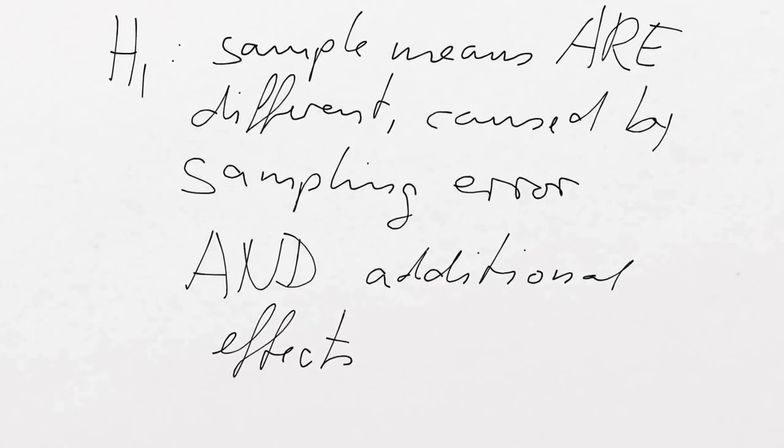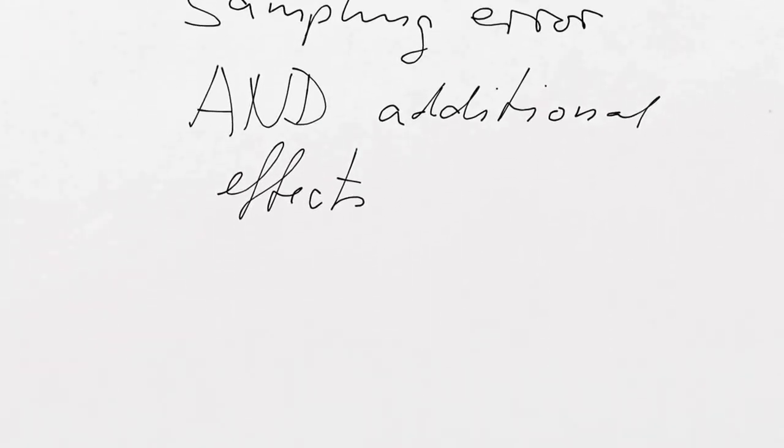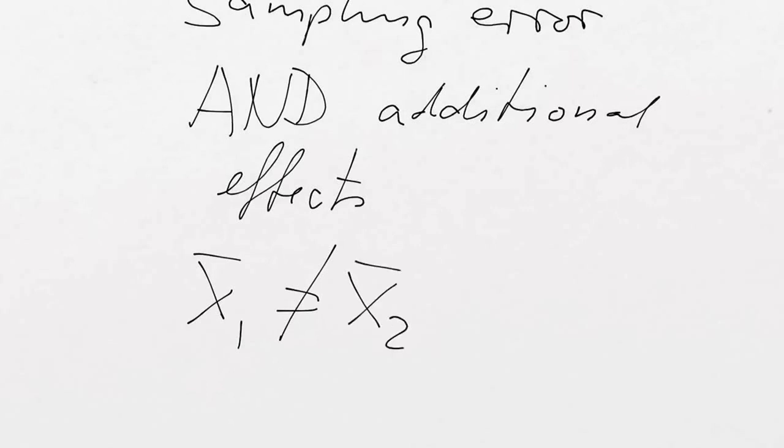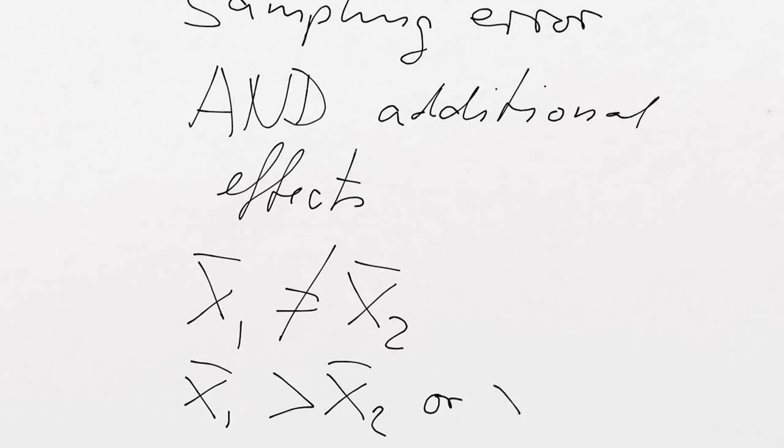So mathematically, we could write this as x1 unequal x2. And this leaves us with two options: x1 is bigger than x2, or x1 is smaller than x2.